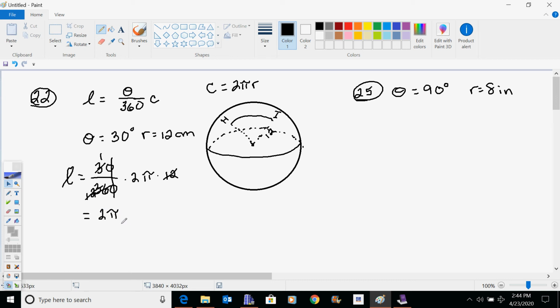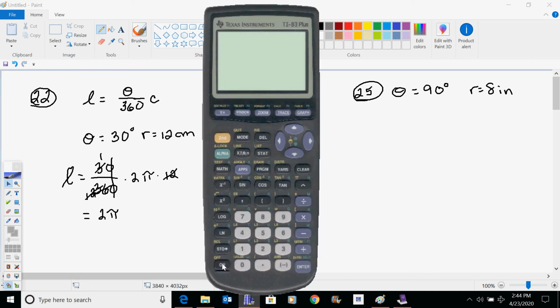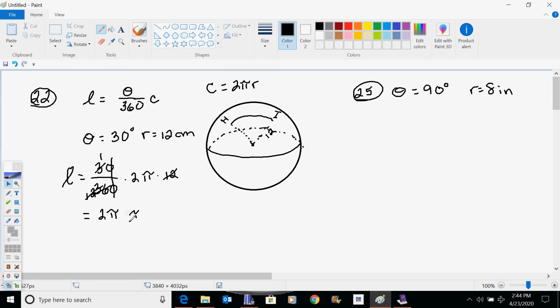Okay, and if you didn't quite follow that, 2 times pi is about 6.28, or about 6.3 if you were going to round that to the 10th place, which often they ask you to do.